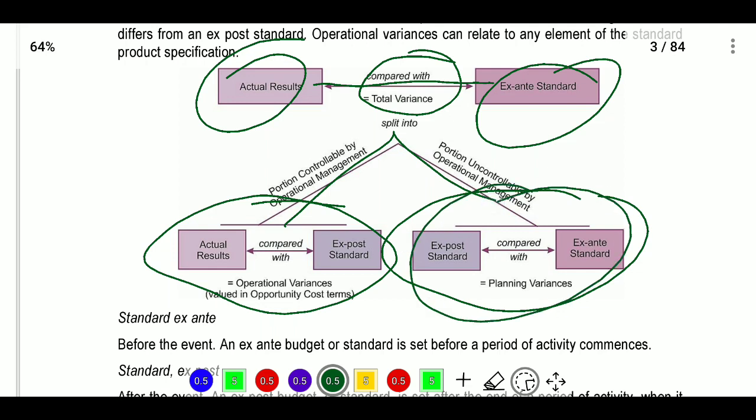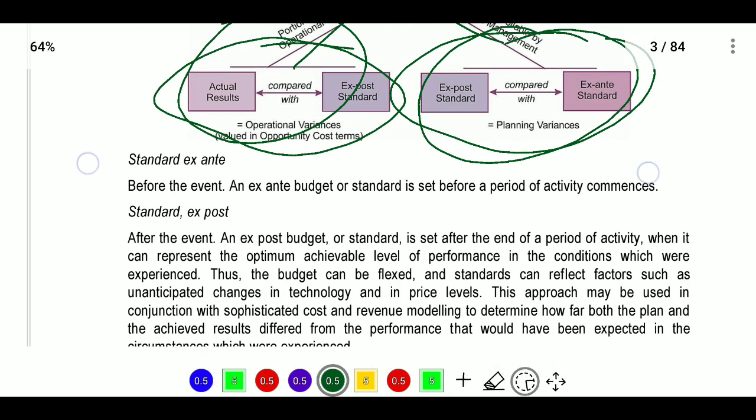Here we compare the original standard and revised standard, that is planning variance. Then we compare actual results and revised amounts, that is operating variance.